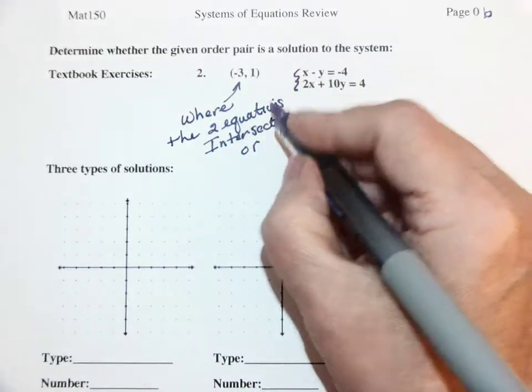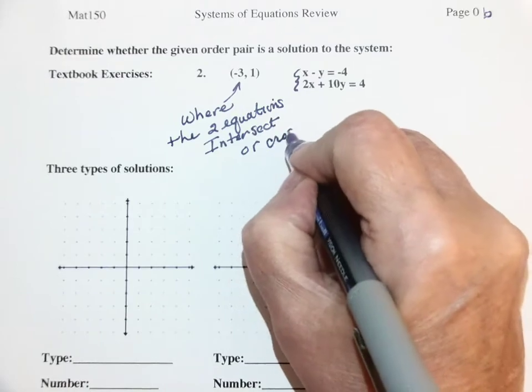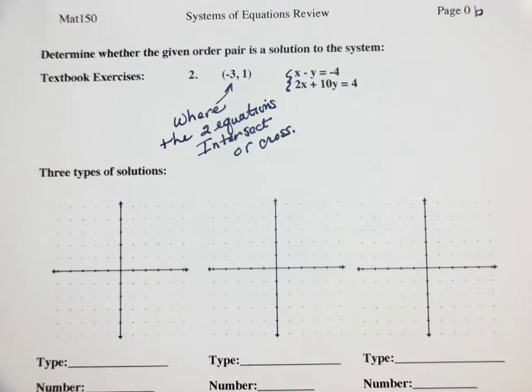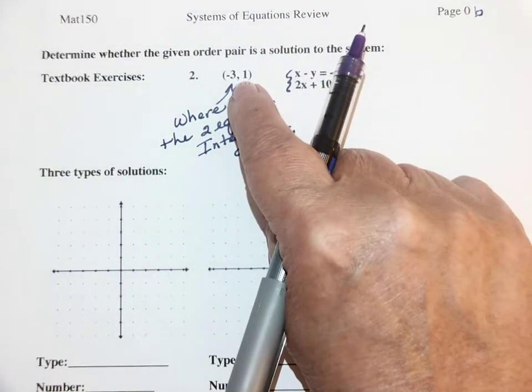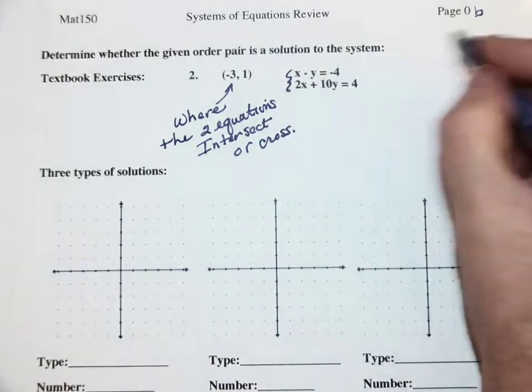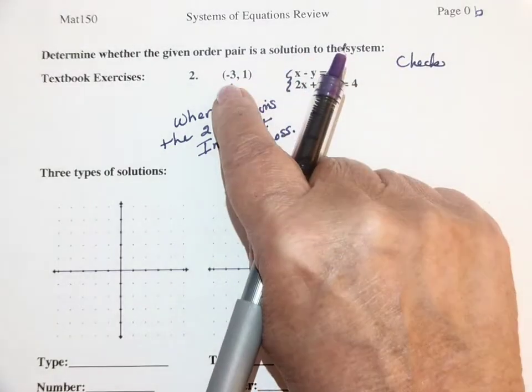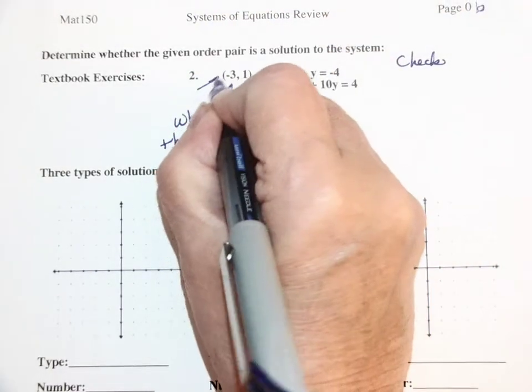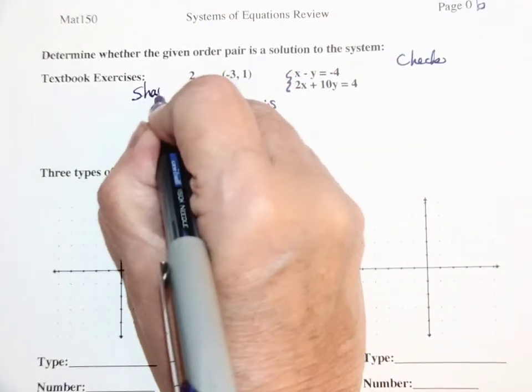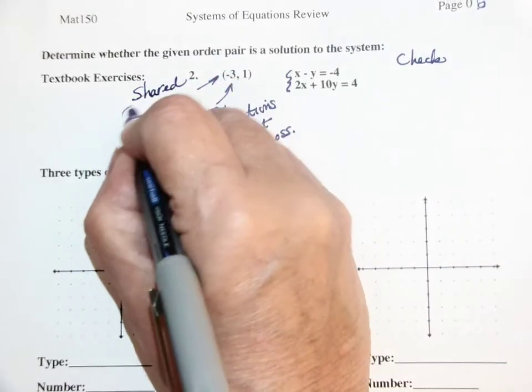Or cross. So that says, is this where they cross? Is 3, -1 where they cross? So that's a check. They either cross there, that's a shared point.